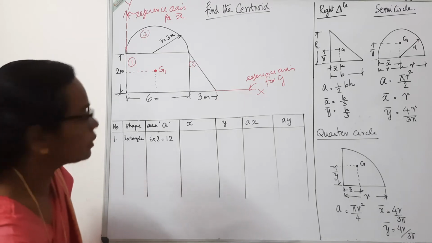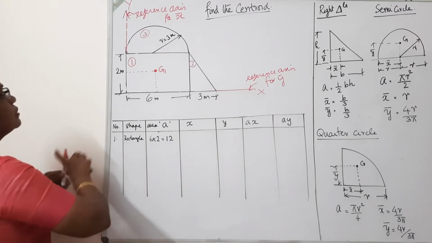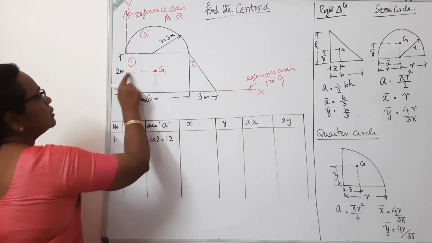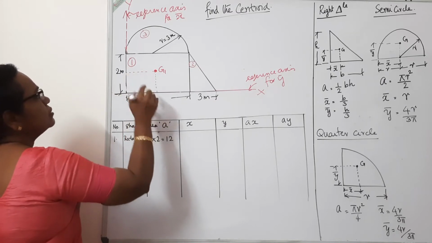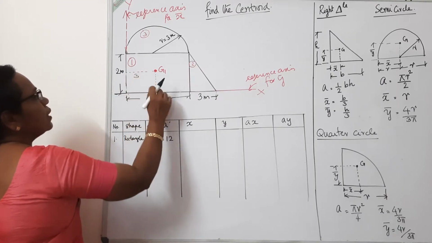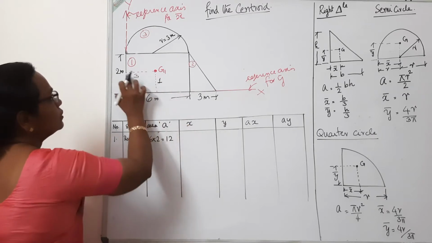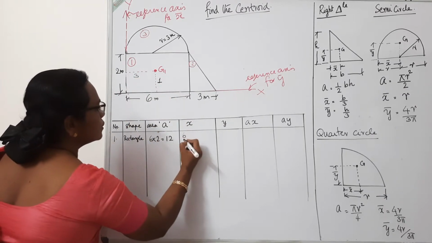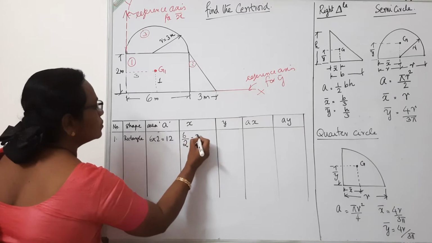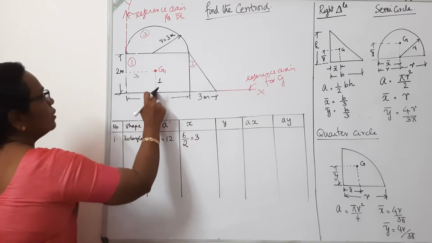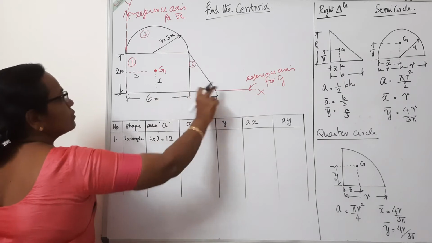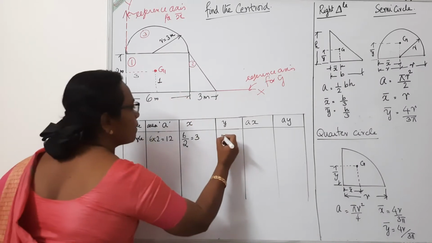So consider the first figure. The first figure is this rectangle. For this rectangle, this x1 distance is 6 by 2, 3. And this distance is 2 by 2, 1. So y is with reference to this x axis, it is 1.